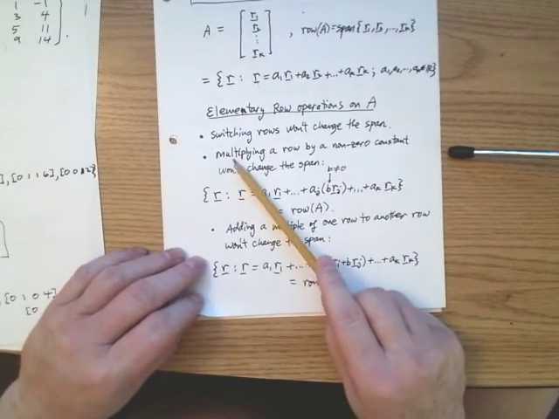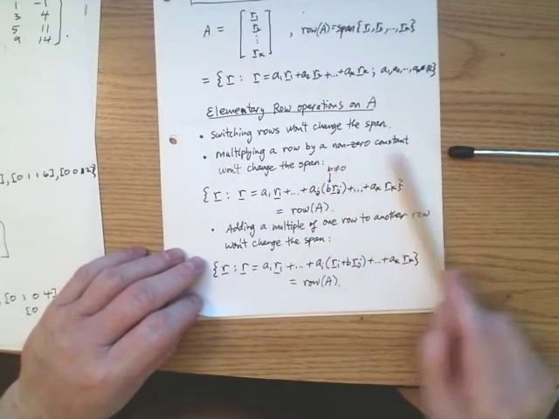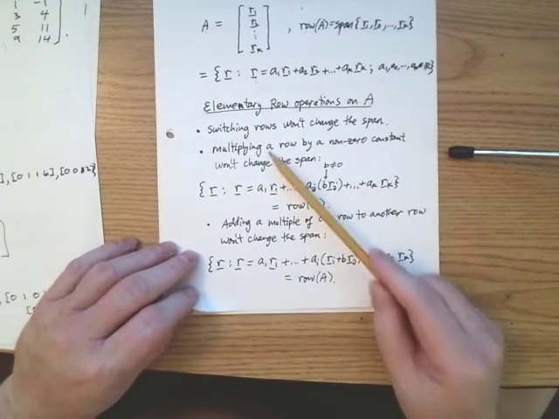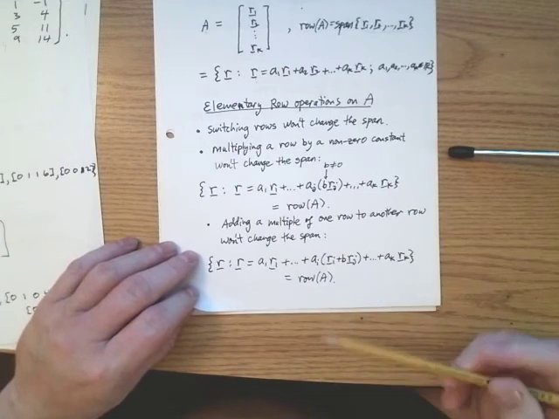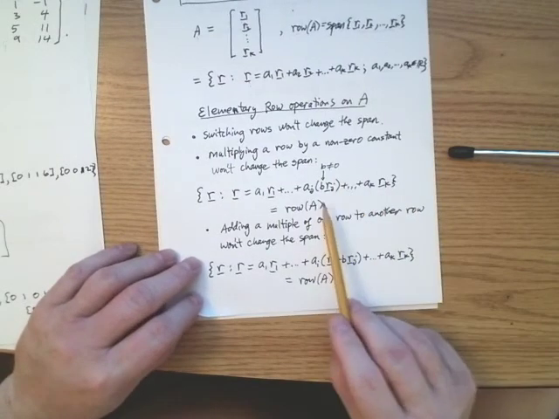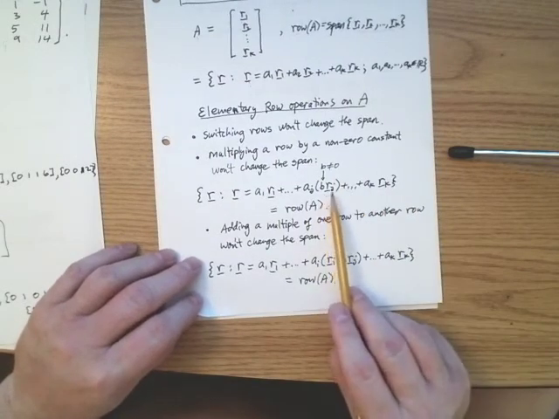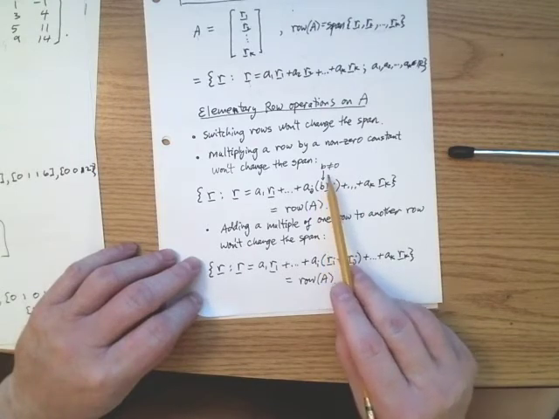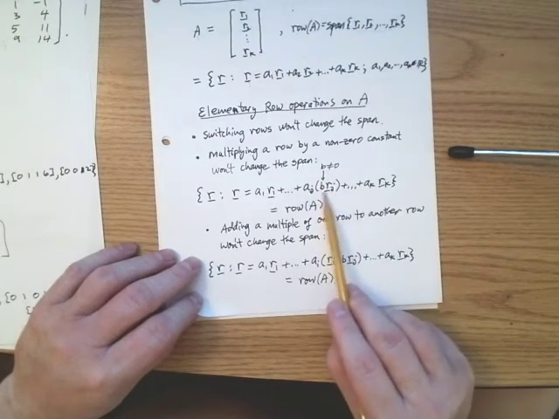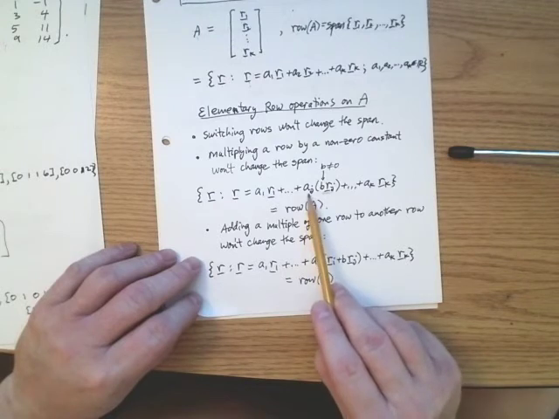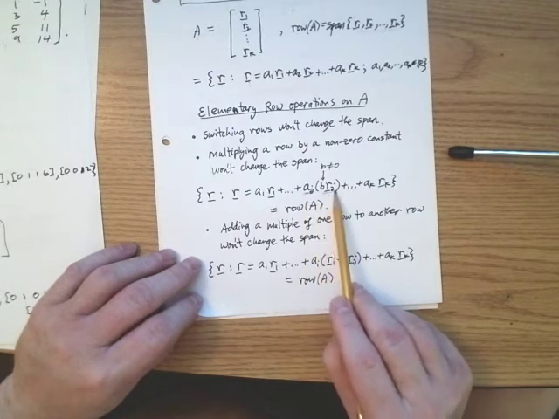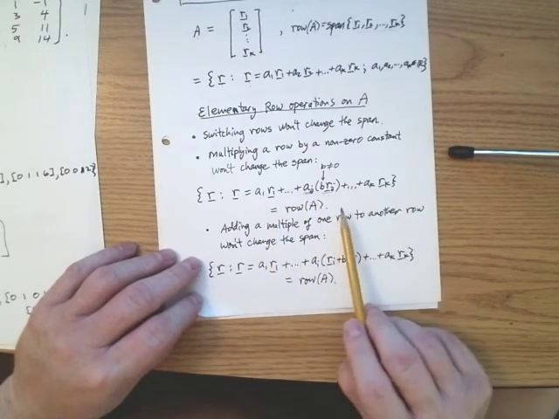All right, how about this? Multiplying a row by a non-zero constant. I claim that won't change the span either. So that's the second type of row operation that we use. Here's what I did. Suppose I had the jth row, and I multiplied the jth row by a non-zero constant b. Now, remember that you're taking all linear combinations, so there are constants a sub j multiplying on the b r sub j together with the other terms.